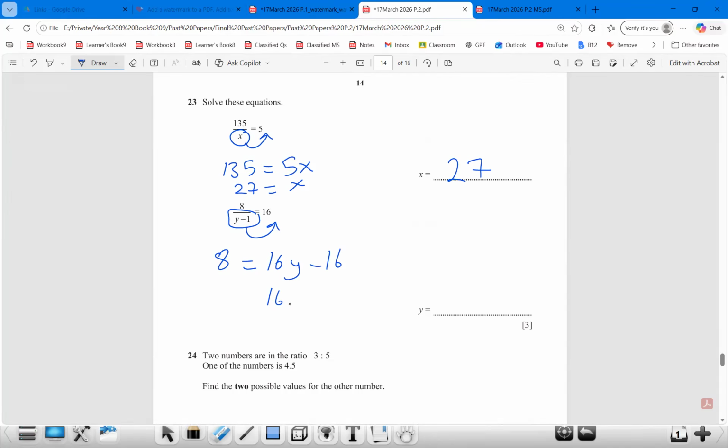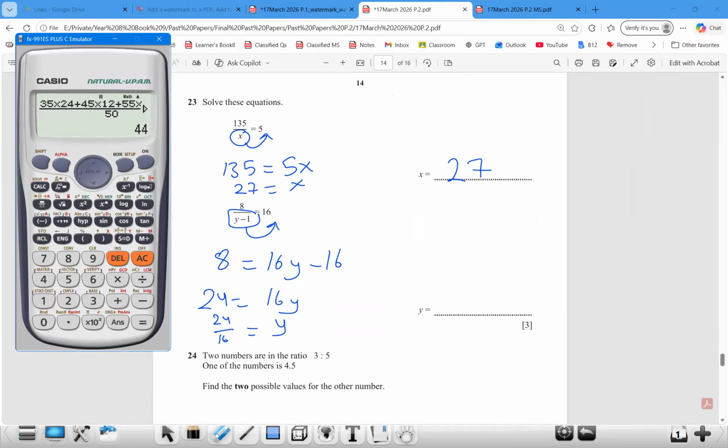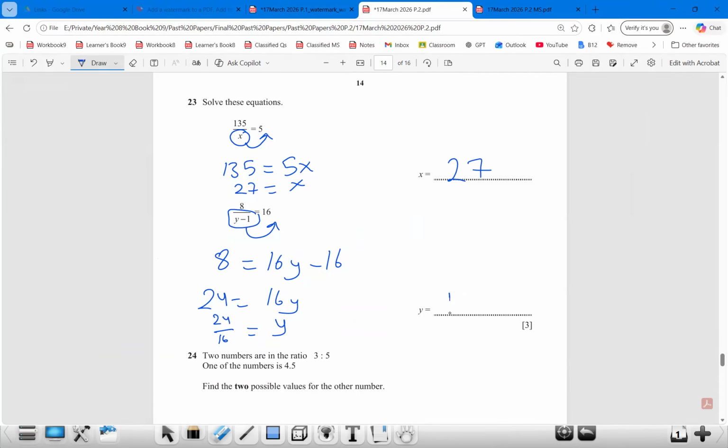So 16y equals 8 plus 16, which is 24. So y equals what? You send this to the other side, division, 24 over 16. With your calculator, 3 over 2 or 1.5, all of this is accepted.